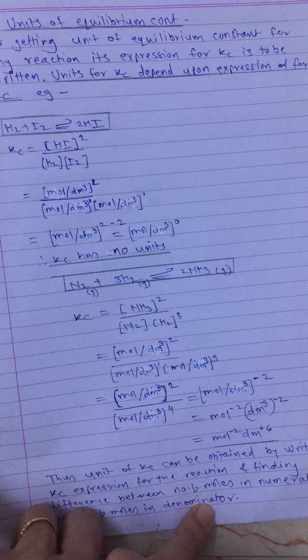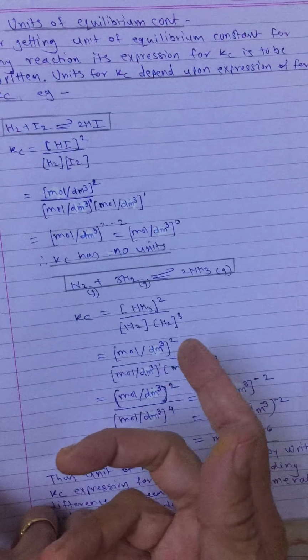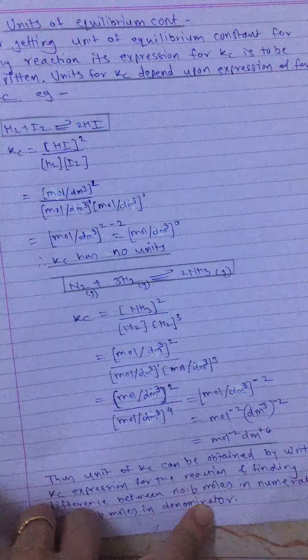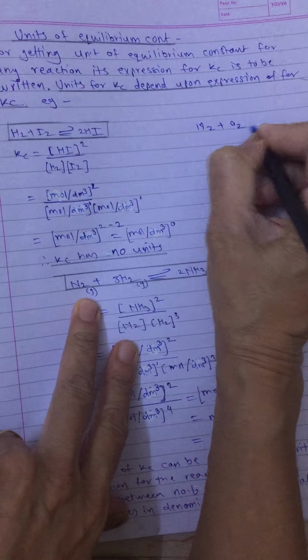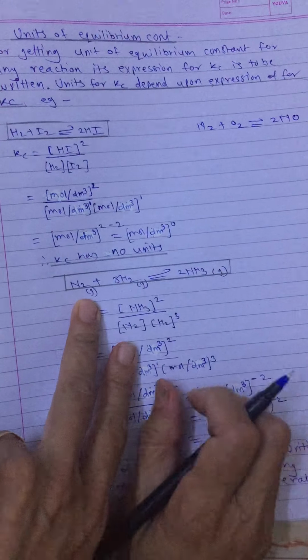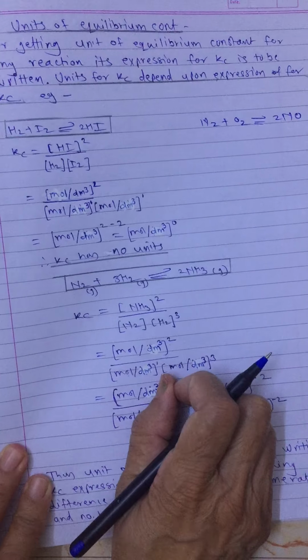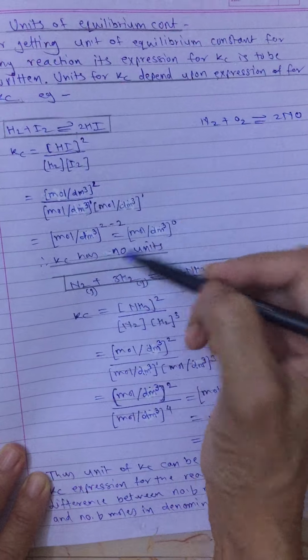N2 plus O2 giving 2NO, for that reaction also, if you follow the same steps, you will get no unit for Kc because the number of moles of products and reactants are same.